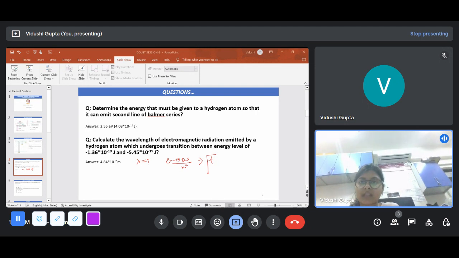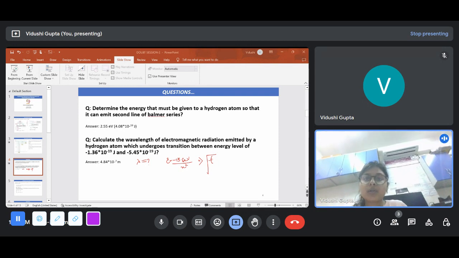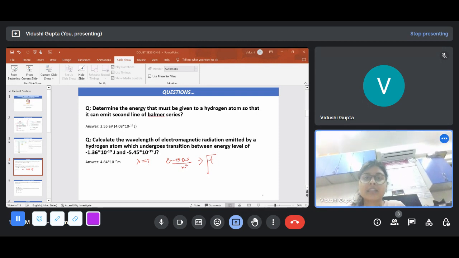Now moving to the next, Heisenberg uncertainty principle. So what do we understand by Heisenberg uncertainty principle? Heisenberg uncertainty principle states that it is impossible to measure or calculate exactly both the position and the momentum of an object.